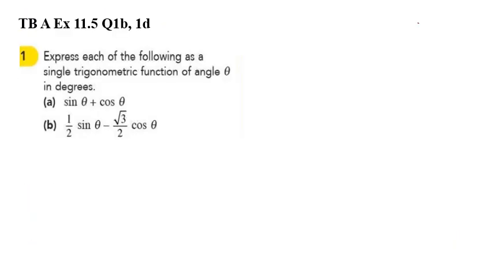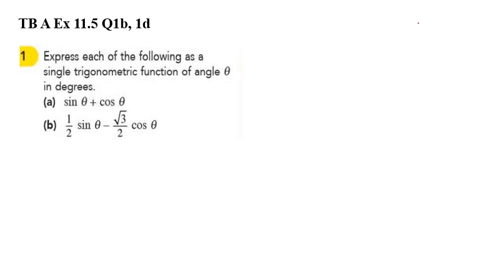All right, so let's look at the first question. You're asked to express each of the following as a single trigonometric function of angle theta in degrees. If you look at 1a, there are two different trigo functions, sine theta and cos theta, so we need to express it as a single one. If you do recall the earlier slides, there are 4 columns there.